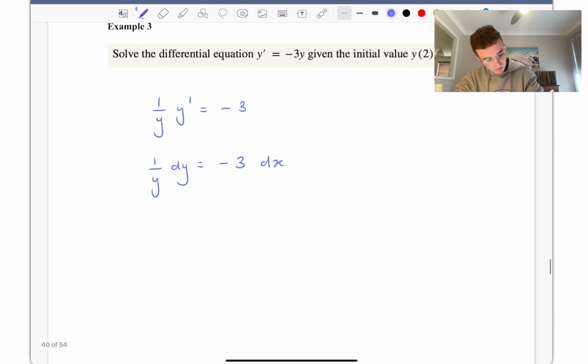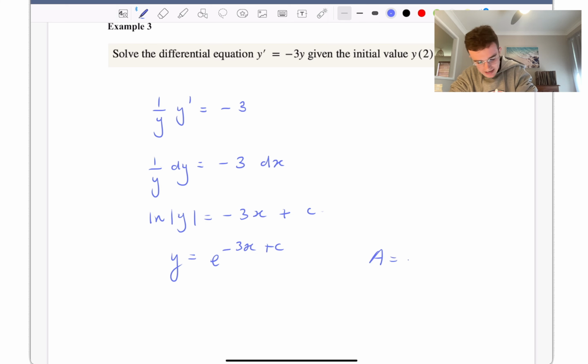If we integrate that, we get ln of y is equal to -3x plus c for some constant c. Take e of both sides, y is equal to e to the -3x plus c, and I'm going to let a equal e to the c.